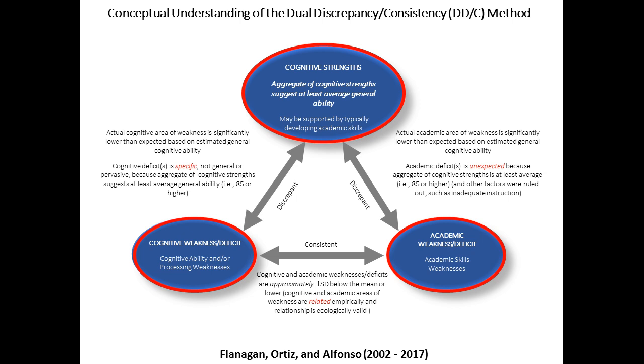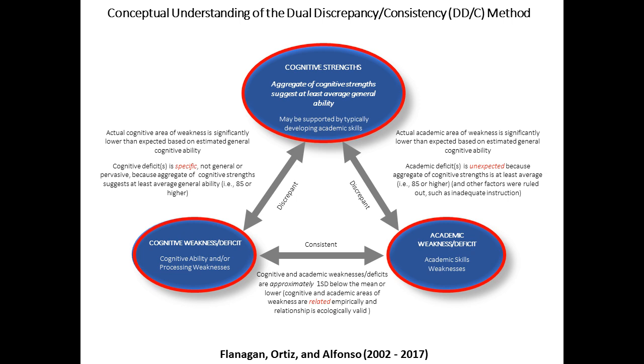And there ought to be a consistency between the cognitive processing weaknesses and the academic skill weaknesses. That is, there's some empirically established or ecological validity for that relationship. There's also agreement that there needs to be some cognitive areas of strength, some integrity, some spared abilities, if you will.